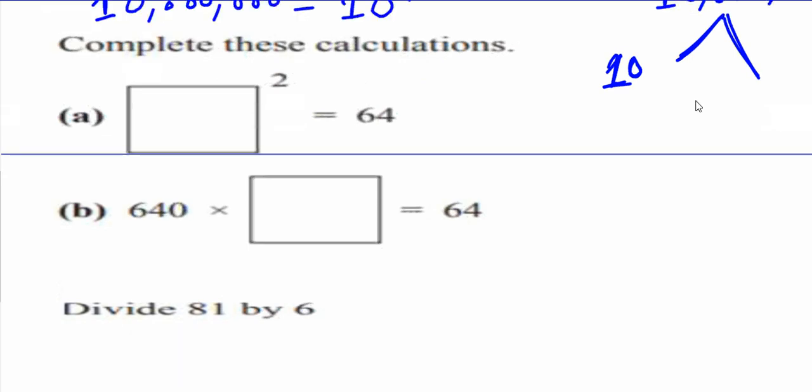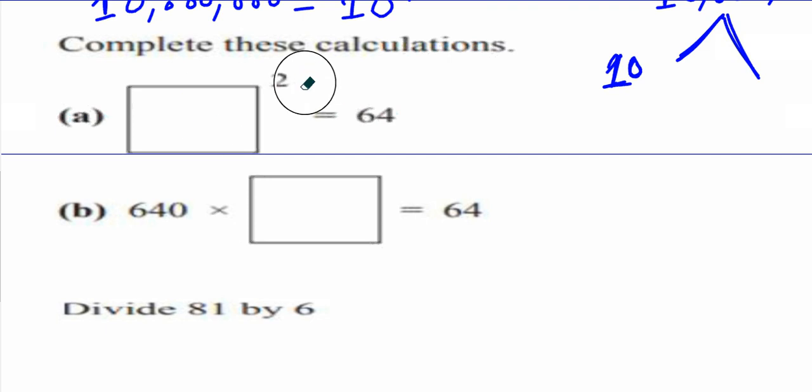There's another question over here. Complete these calculations. Which number times itself gives you 64? Which number over here, when multiplied by itself two times, will give you 64?